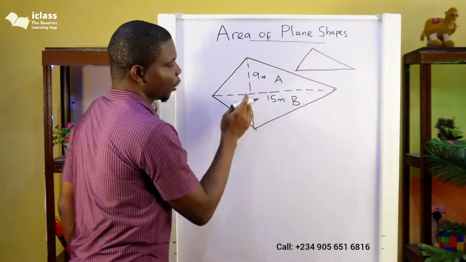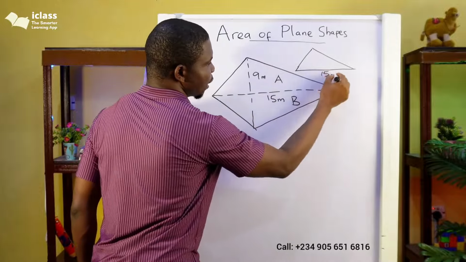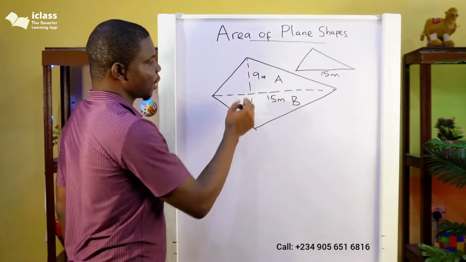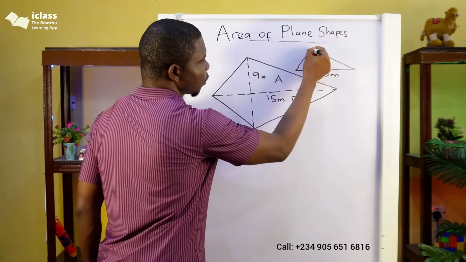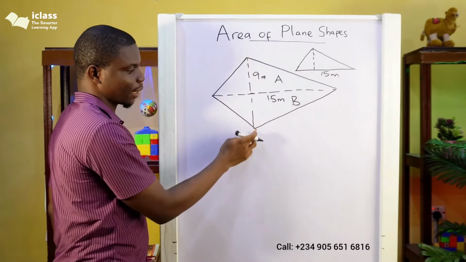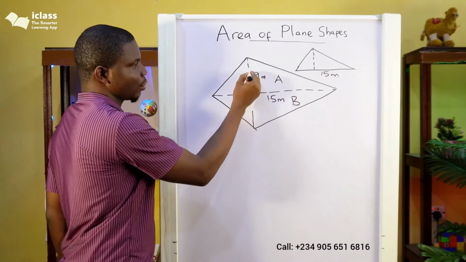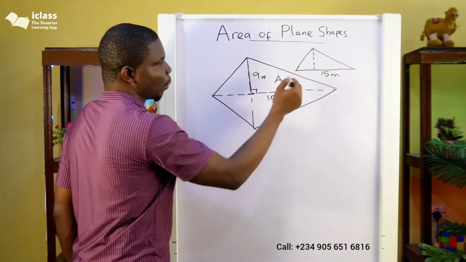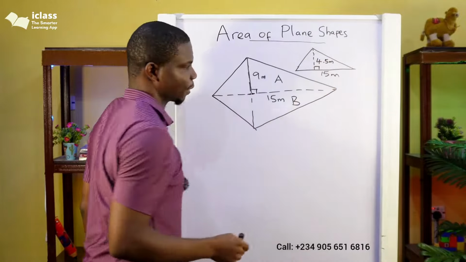So area of triangle A, I'm drawing out triangle A. From here to here is 15. That is the base of this triangle. Then from here to here is what? It is half of 9. From here to here is 9, right? So from this center to this point will be 4.5 meters.